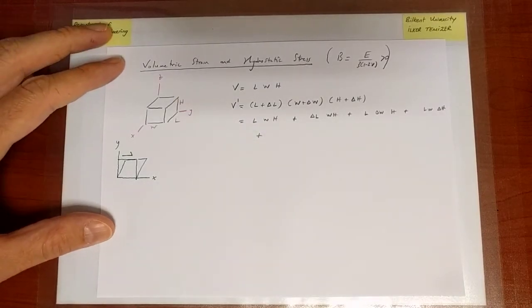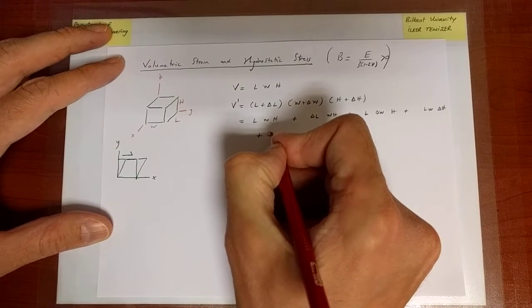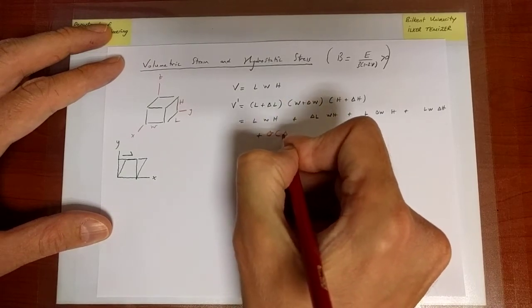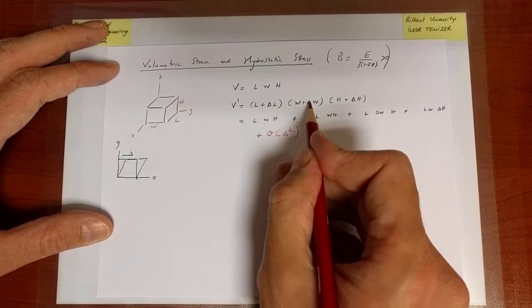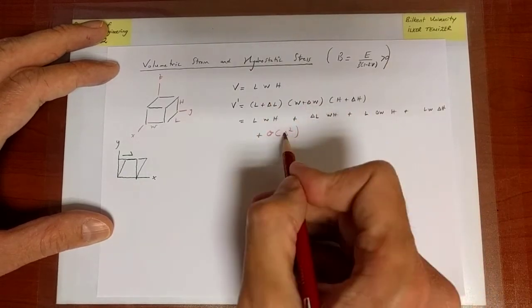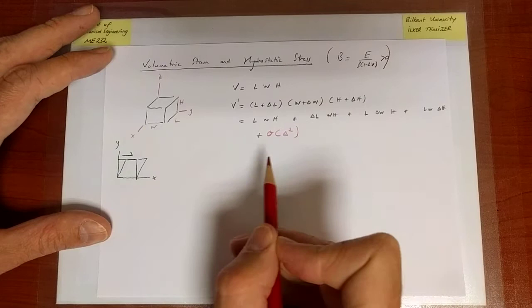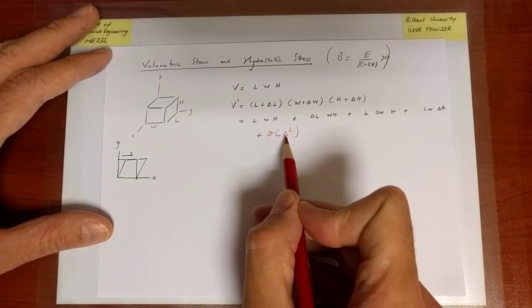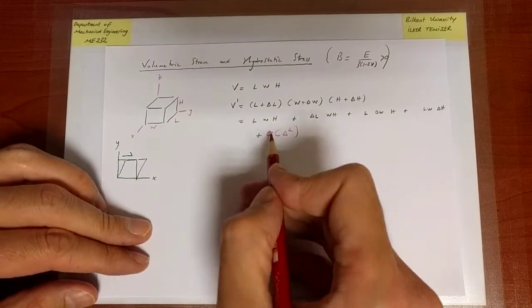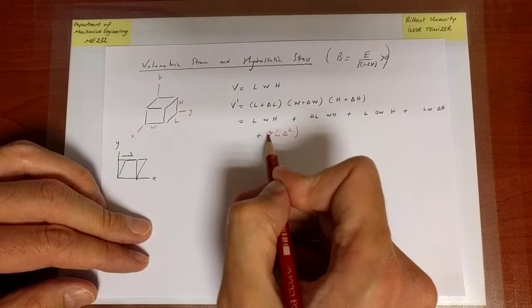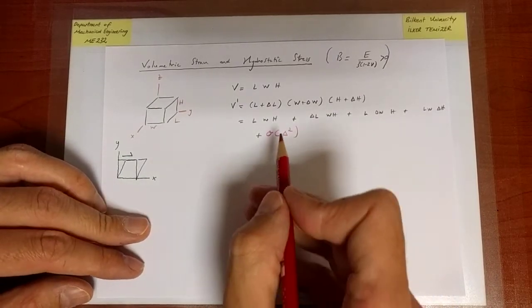And therefore, all of the remaining terms, because they are of order delta squared and higher, in other words, we're going to see terms like delta L squared, delta W squared times H, or a term like delta L, delta W, delta H. These are all terms that are of at least order delta squared or higher. That we indicate like this, another use of the order of magnitude sign.